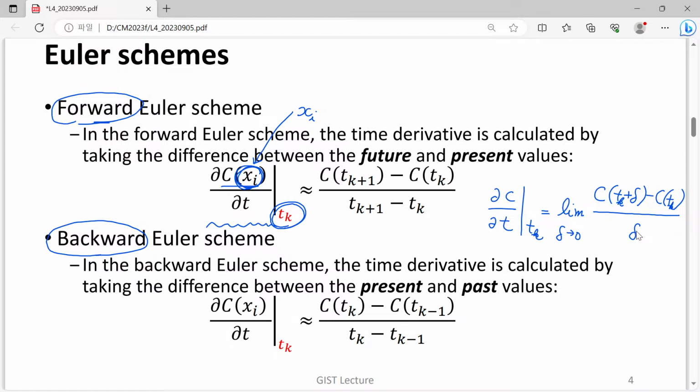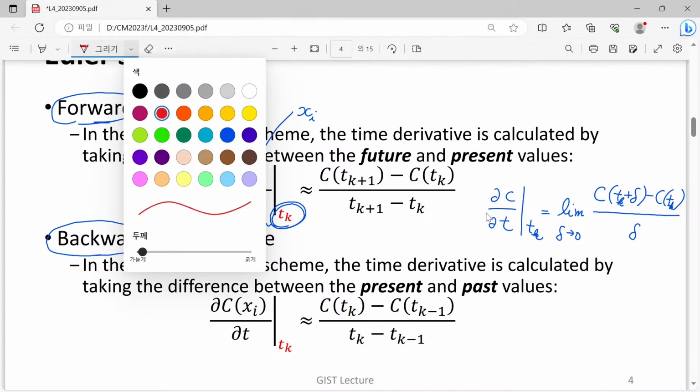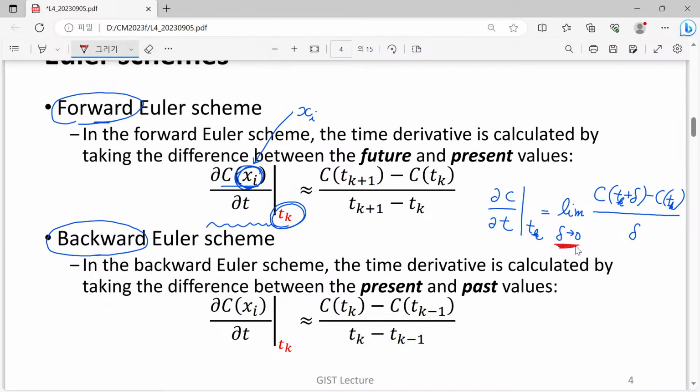And you know that in our discretized form, we have no ability to have a really infinitesimally small delta value. So what is the minimum value we can assume in this case? This delta is not a real space delta, but a time domain delta.